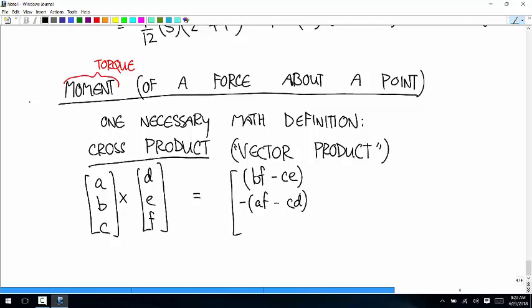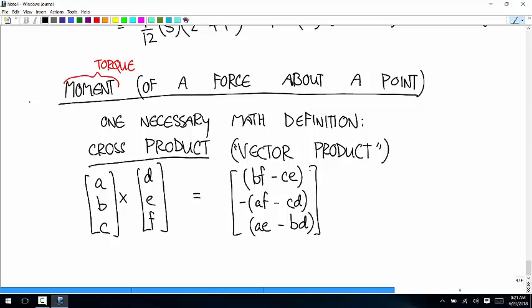That was great. Do it again. What's the Z component? AE minus BD. Yeah, so whichever one you're doing, the X component, cross out the X components here, and then you go B times F minus C times E. That's the cross.